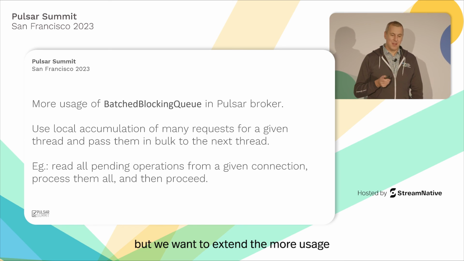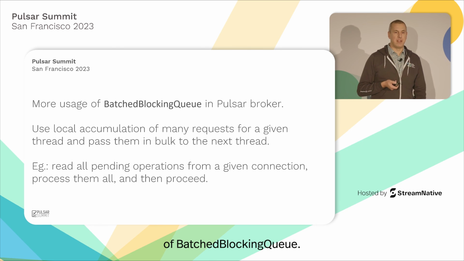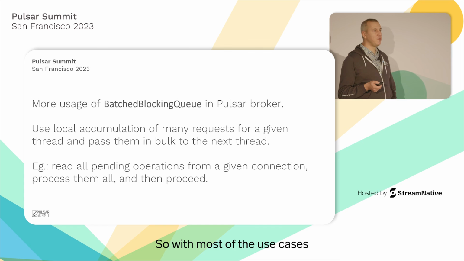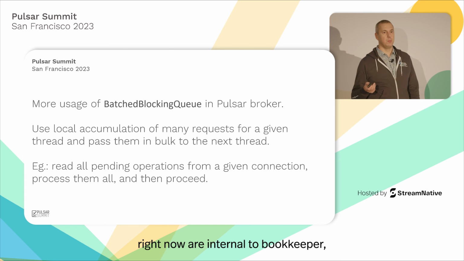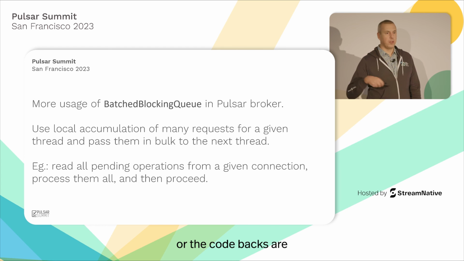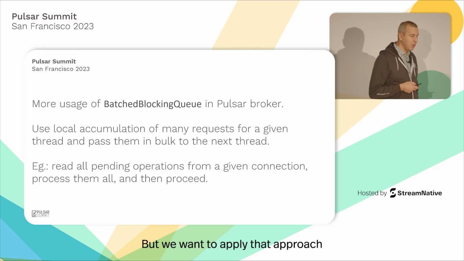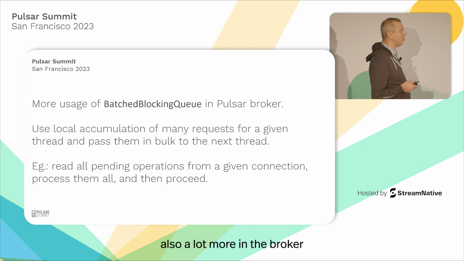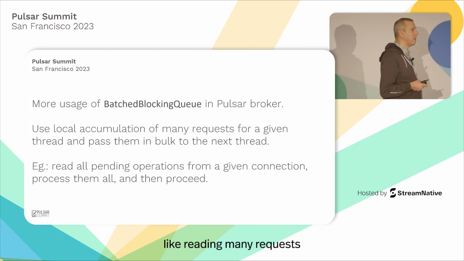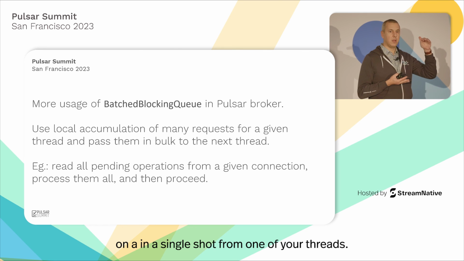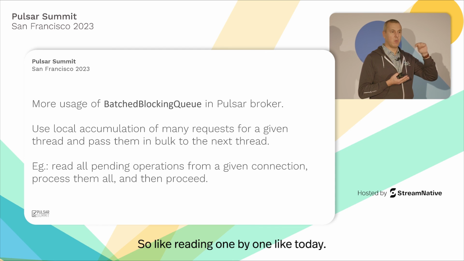Almost last one, but we want to extend more usage of batch blocking queue. Most of the usages right now are internal to BookKeeper, to the Bookie layer. The journal or the callbacks have been moved to batch blocking queue, but we want to apply that approach a lot more in the broker, like reading many requests in a single shot from one IO thread instead of reading one by one, like we do today.